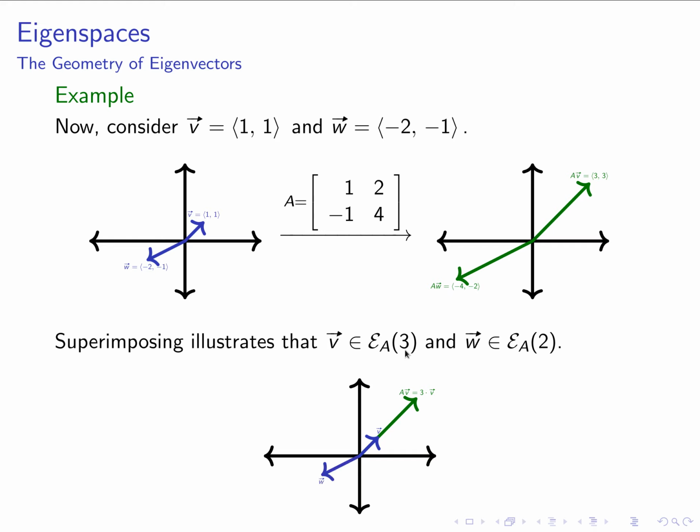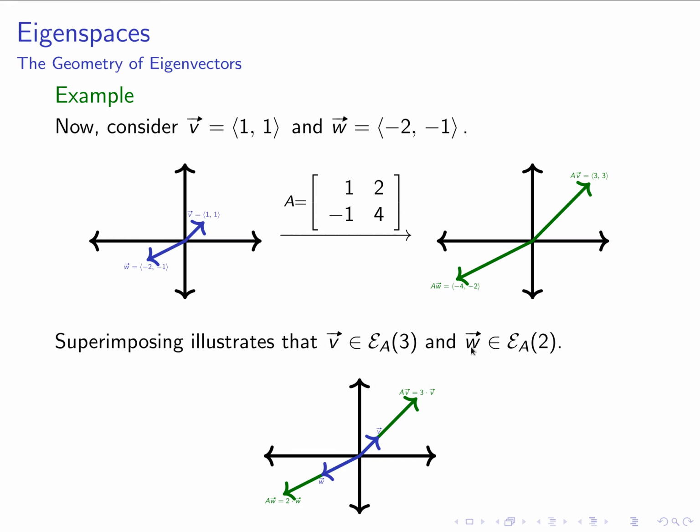What about w? Well, w was the vector (-2, -1), and when we multiplied by A, we produced the vector (-4, -2). Well, (-4, -2) is 2 times (-2, -1). So what we're finding in our figure is that w is an eigenvector of our matrix, and the associated eigenvalue is lambda equals 2.